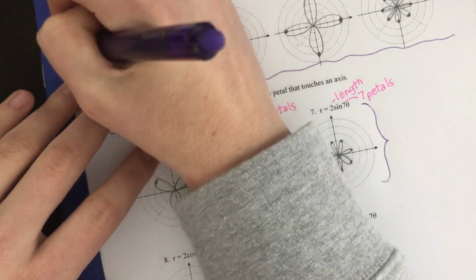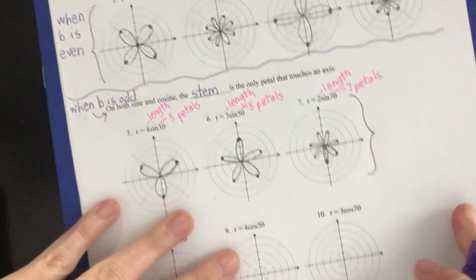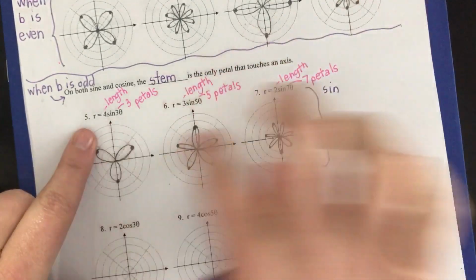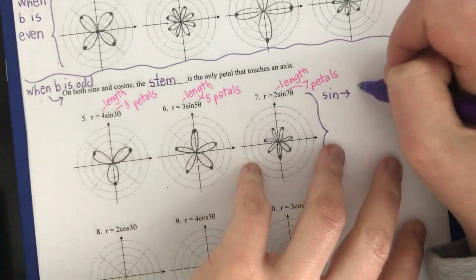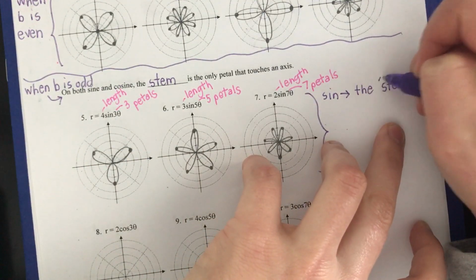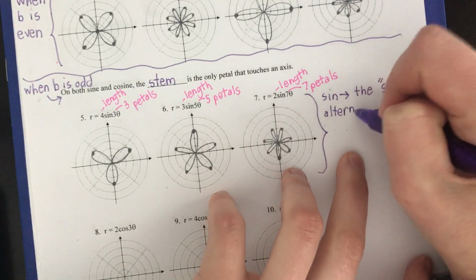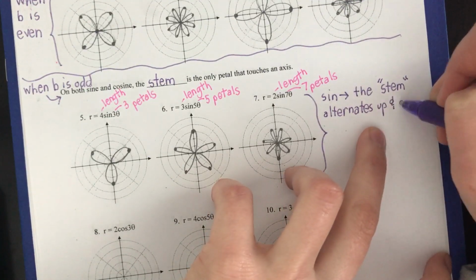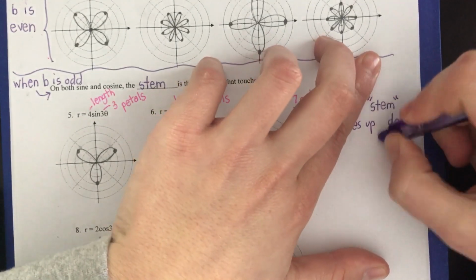When B is odd, notice for sine, these were all sine, not cosine. For sine, the stem alternates up and down.